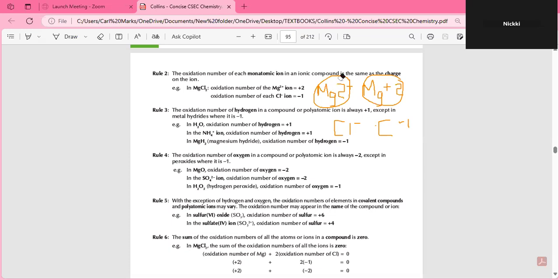Tell me about aluminum. Which ion do you know so far? What's the charge on aluminum? I'll give you the symbol here, Al. Remember the charge? Let me help you out. 3 plus. So give me the oxidation number for aluminum now.